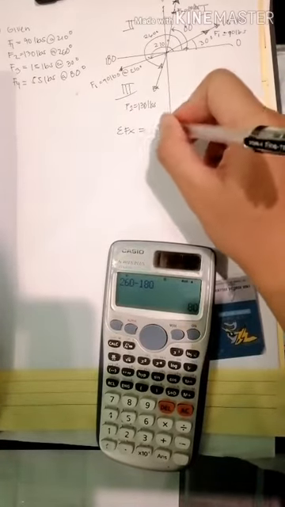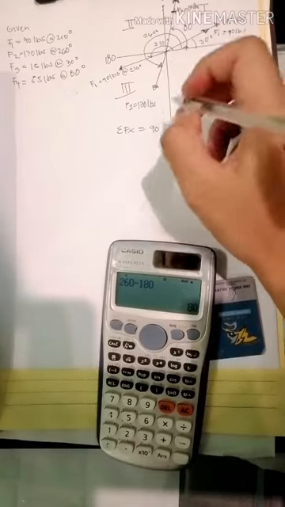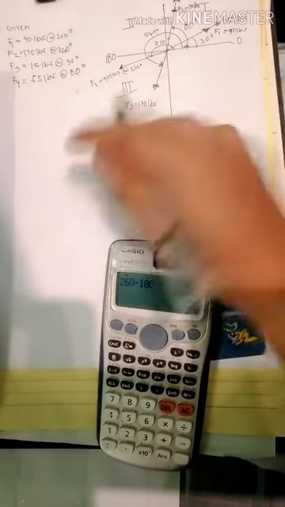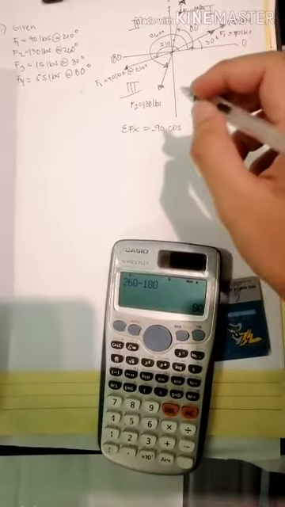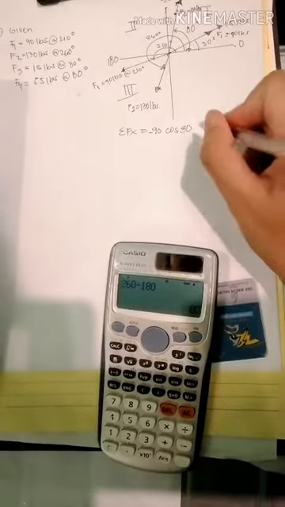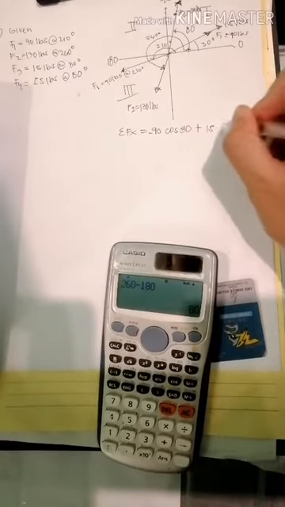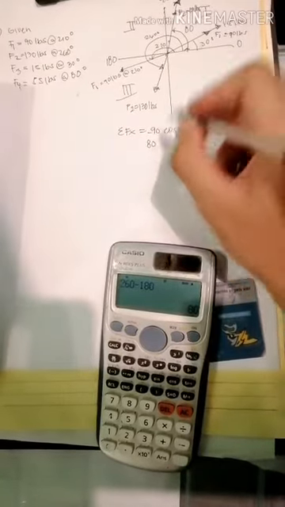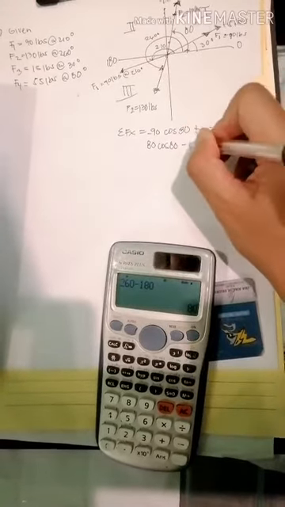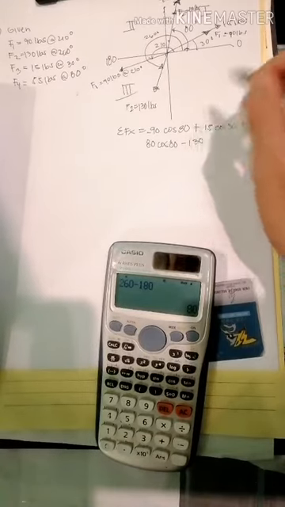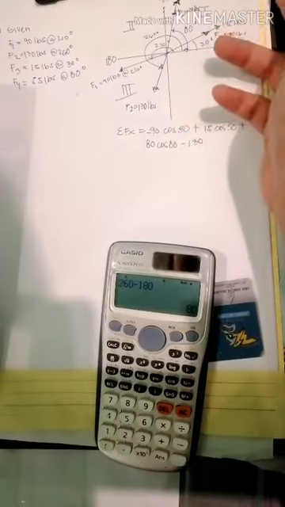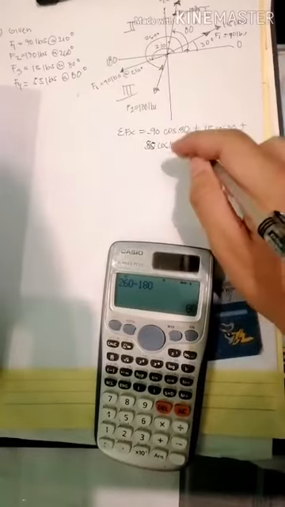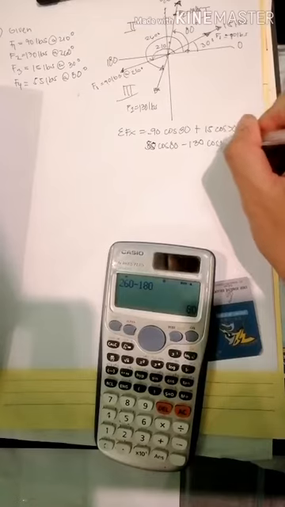So, negative 90 pounds cosine 30 plus 15 cosine 30 plus 55 cosine 80 minus 130 cosine 80.